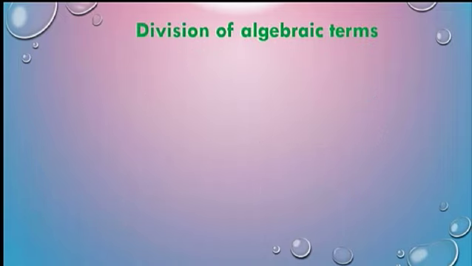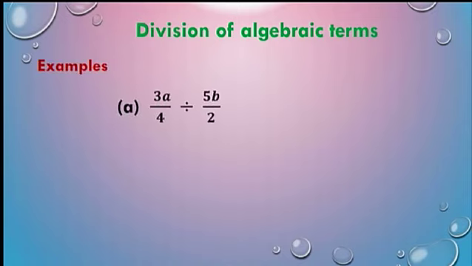Now I'm going to show you how to perform division of algebraic terms, more specifically algebraic fractions. Here the first example is 3a over 4 divided by 5b over 2. Students, you're going to use the same rules for division of fractions that you learned in grade 7.